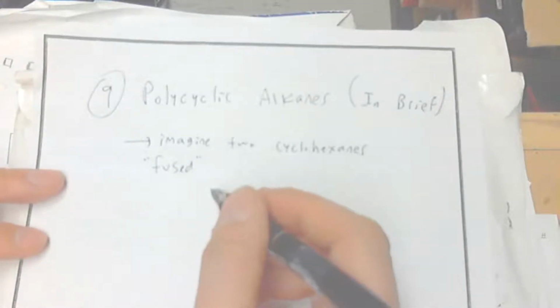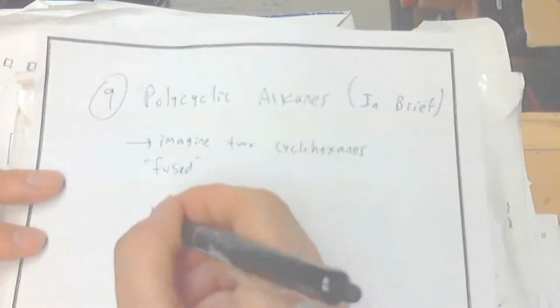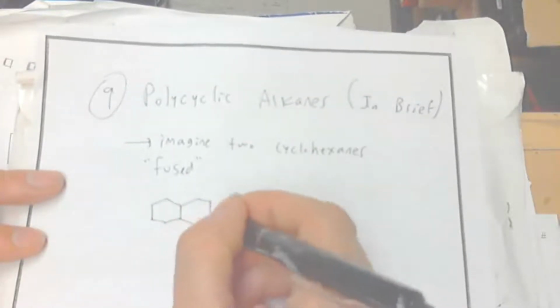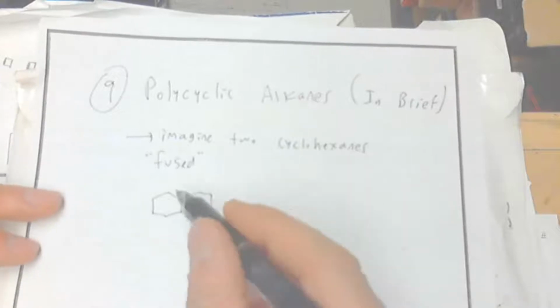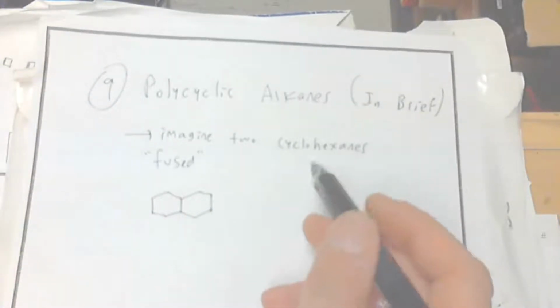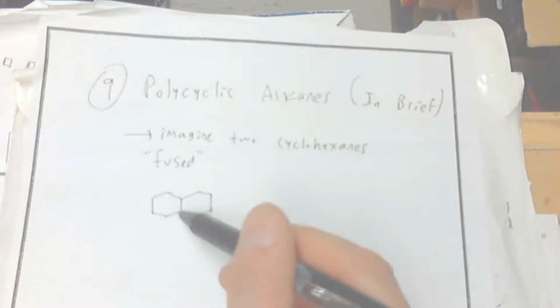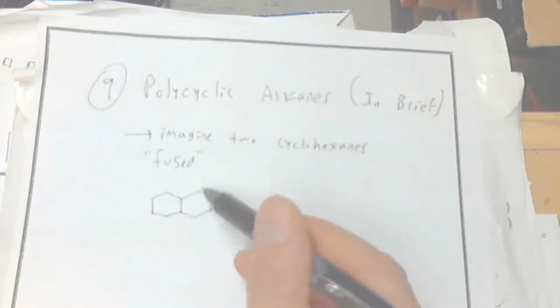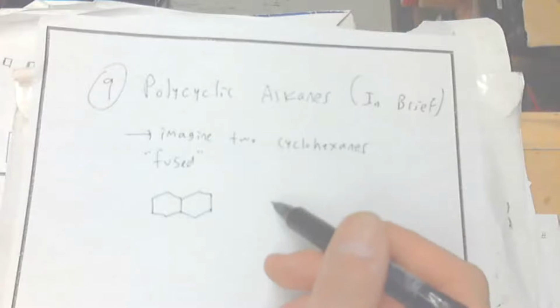I'm going to draw it like this. Okay, there we go. That's what I mean. It's a fused cyclohexane, but it's really not 2 times 6 carbons. It's actually 6 plus 4 is 10 carbons total.